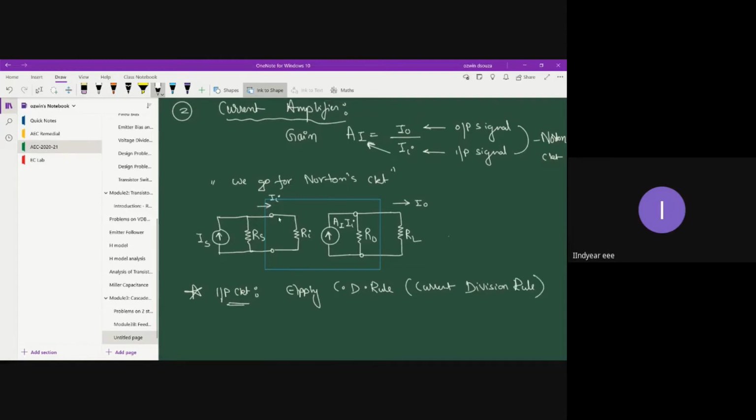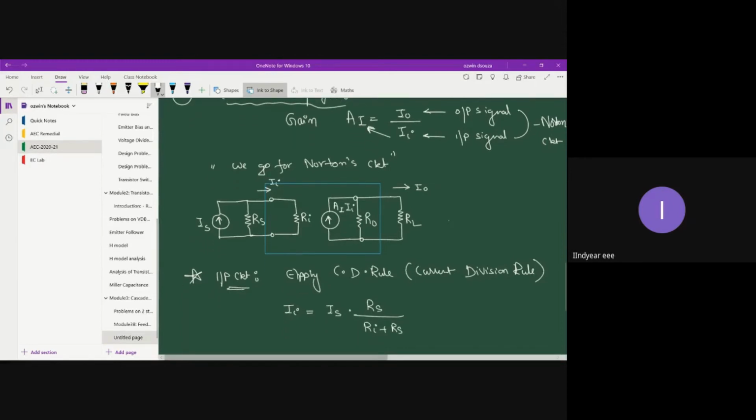So what is it? You want to find II, right? So branch current II is equal to main current IS into the resistance of the opposite branch, that is RS, divided by the sum of the resistances. So this is your exact expression for the input current II.